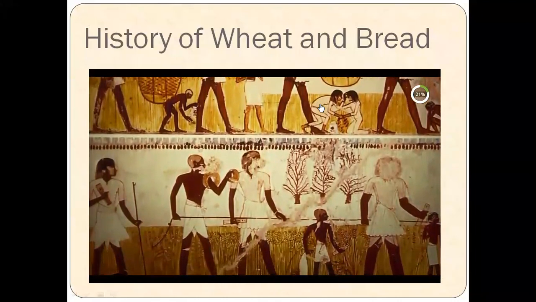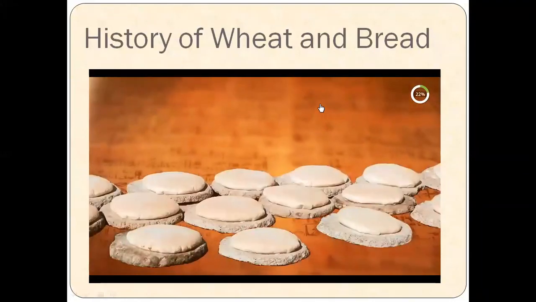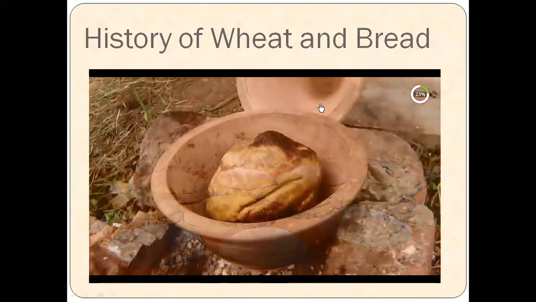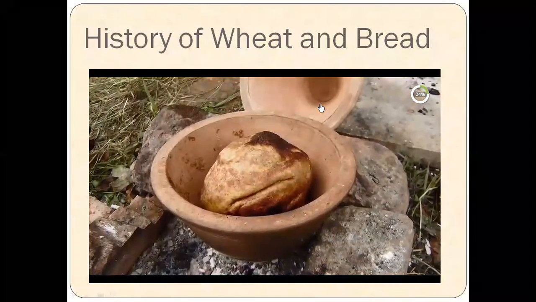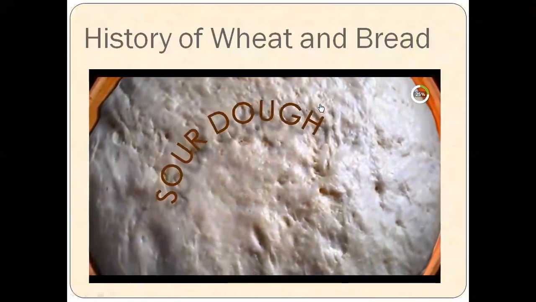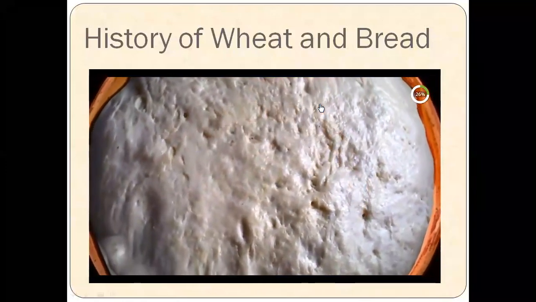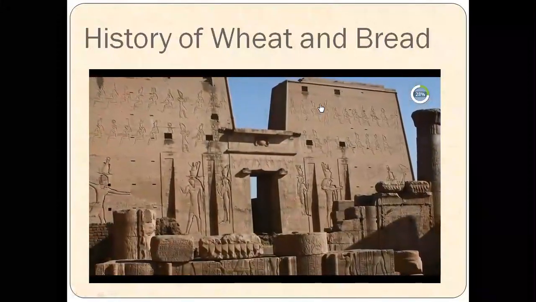Bread was initially kneaded in a trough and baked on a hot plate, where it became a type of pie. Later on, the dough was placed into a clay pot and cooked on embers. Yeast was discovered, and this greatly improved the quality of bread. We encounter bread in different shapes and sizes in grave excavations.